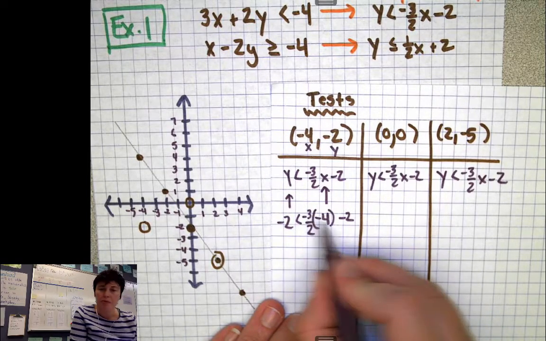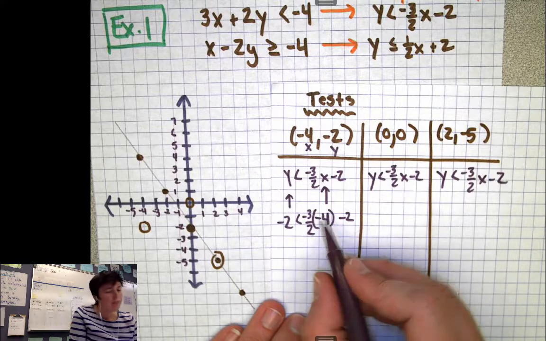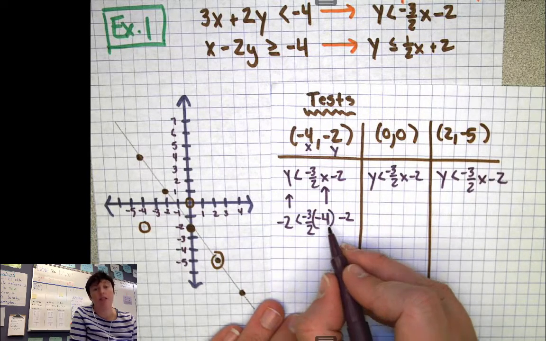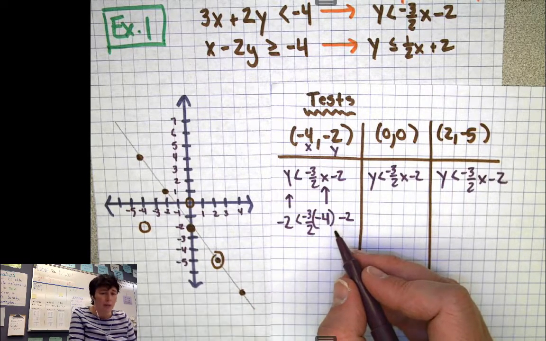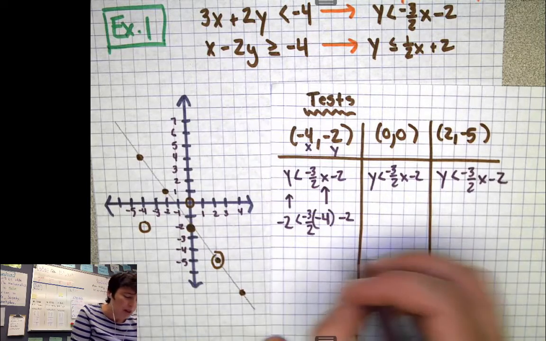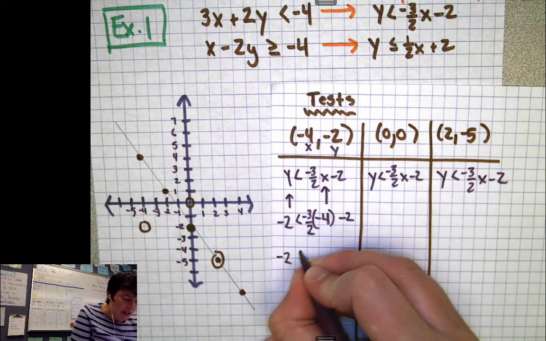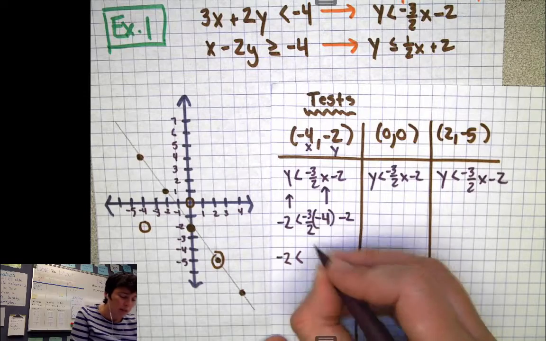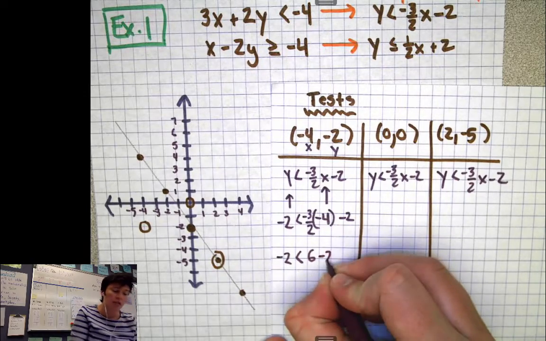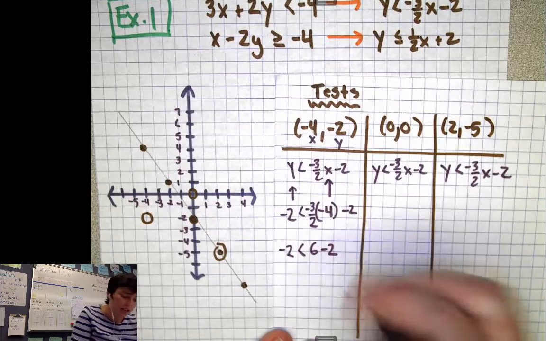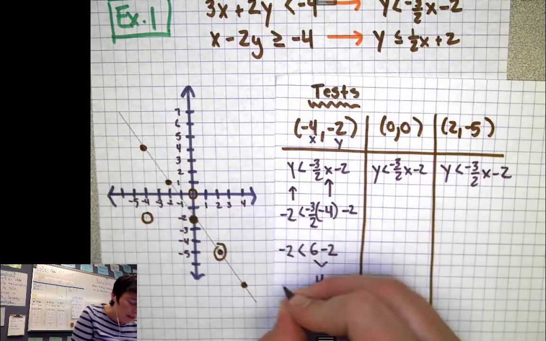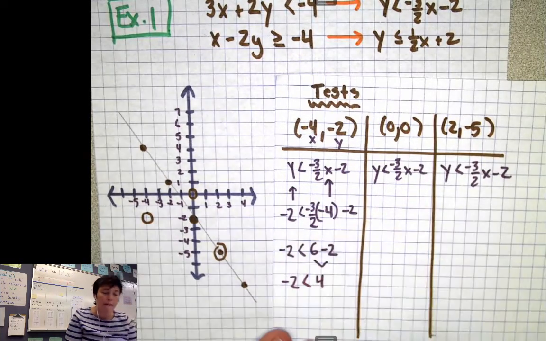So what is 3 times 4? Well, it's 12. And a negative 3 times a negative 4 is a positive 12. So we have positive 12, and we're going to divide by 2. So it's going to be negative 2 is less than 12 divided by 2 is 6 minus the 2, which is right here. And 6 minus 2 is 4. So we have negative 2 is less than 4.